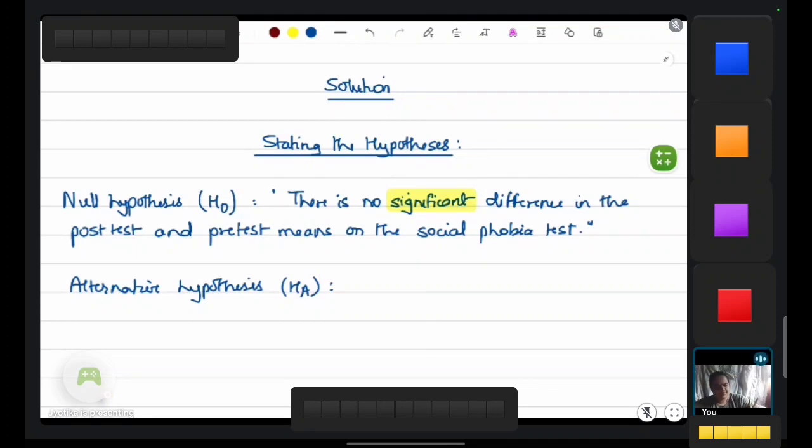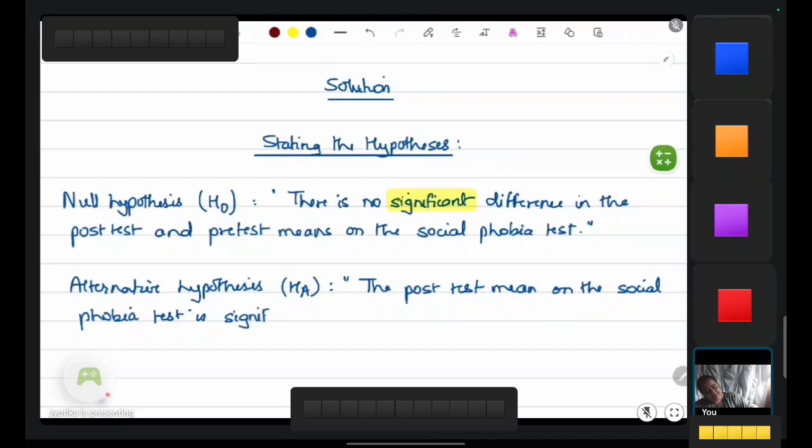So what way do you want? Everybody write again. The post-test mean on the social phobia test is significantly lesser than the pre-test mean on the test.